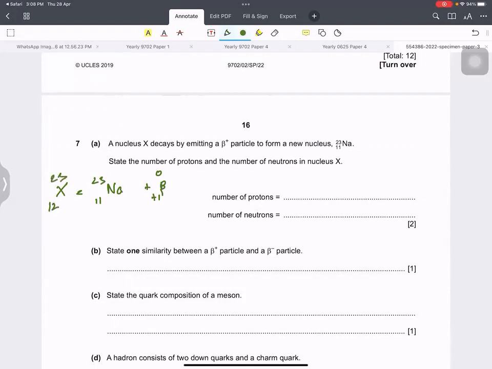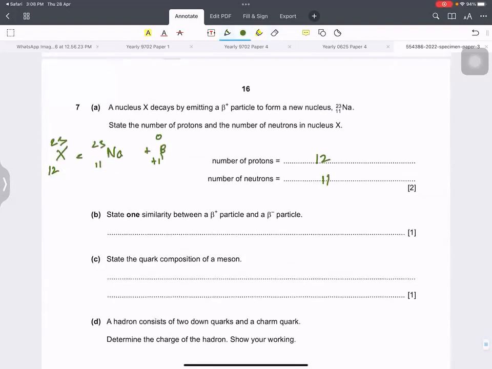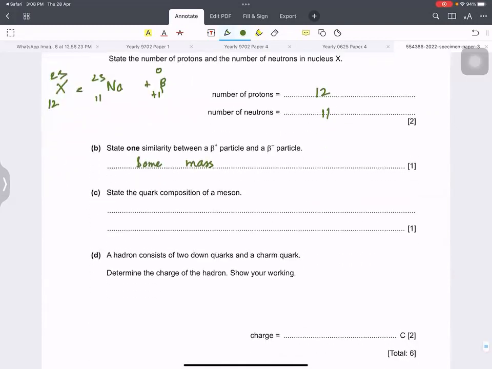So number of protons should be 12. 23 minus 12 is 11. Okay. State one similarity between this and this. Same mass. So also, just need to remember all physical properties.